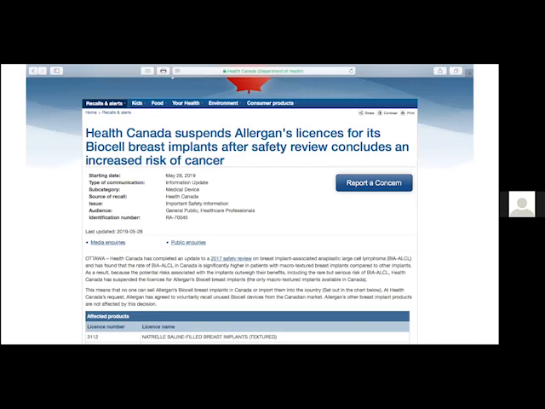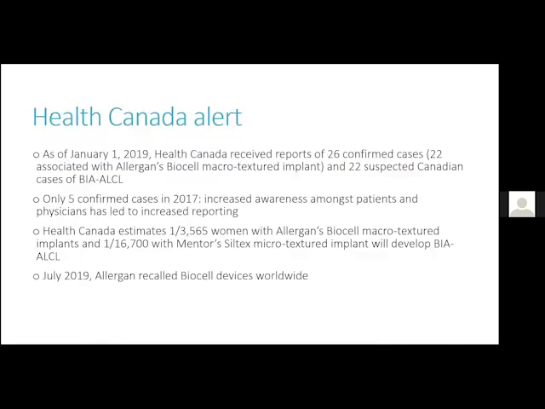Two years ago, Health Canada suspended the big company that was licensed for textured devices in Canada. A few months later, the company Allergan had a worldwide recall of the BioCell devices. I couldn't find any updated information on the Health Canada website, but the last information dates back to January 1st, 2019.